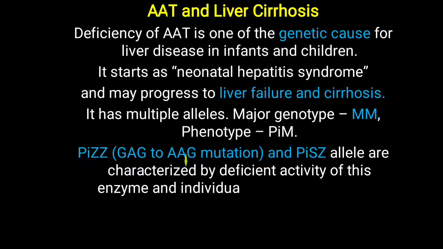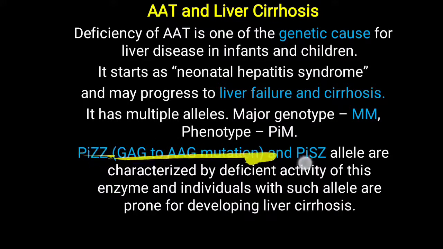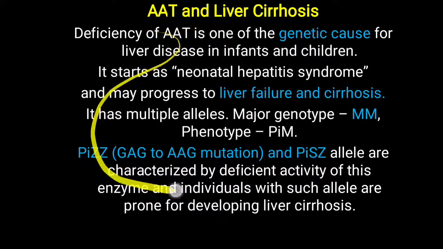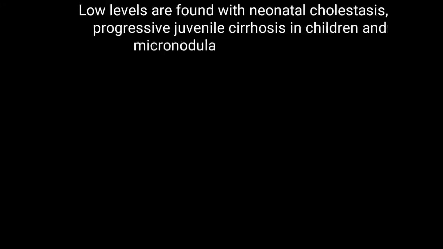That replacement leads to PiZZ and PiSZ, heterozygous alleles characterized by deficient or decreased activity of alpha-1 antitrypsin. Individuals with such alleles are prone to developing liver cirrhosis. So you have to remember that this particular phenotype is responsible for liver cirrhosis in children or infants.